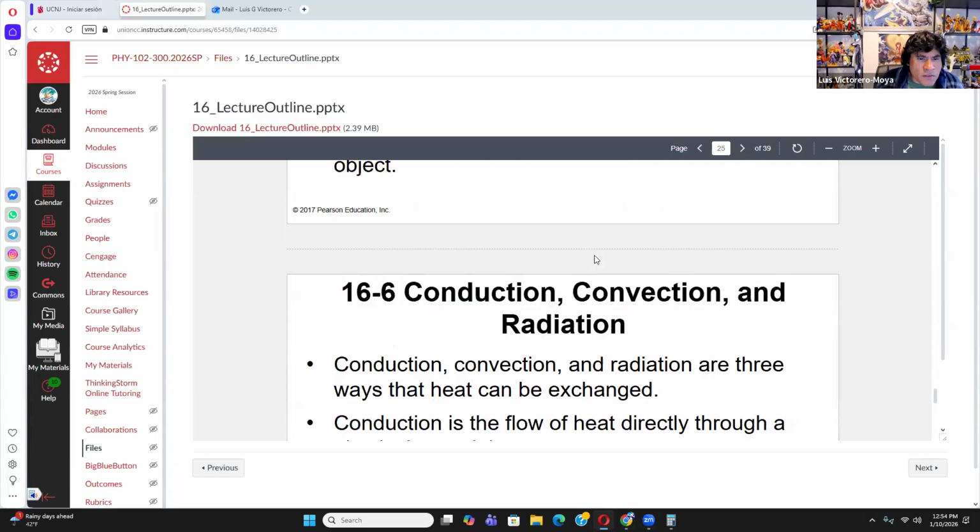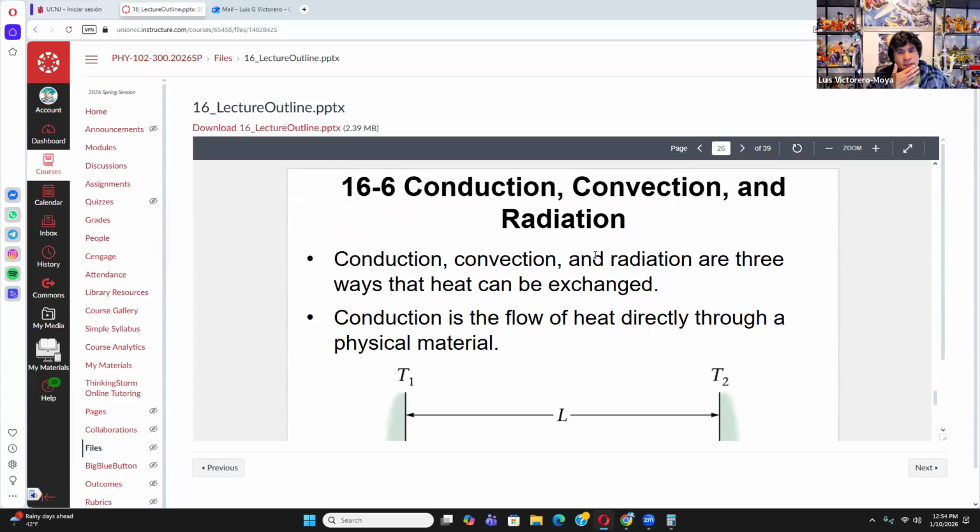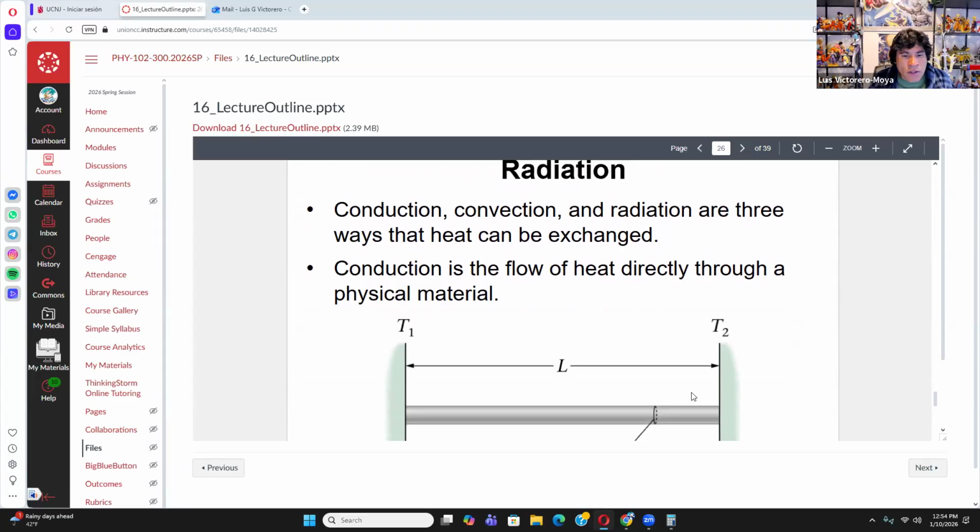Let's continue and finish with conduction, convection, and radiation. There are a couple of problems I posted in the assignment, but basically you have three ways in which heat is transferred. Conduction is probably the most common one, where you have different temperatures along a rod or a bar with a given length, and heat flows through the physical material from the hot spot to the cold spot.